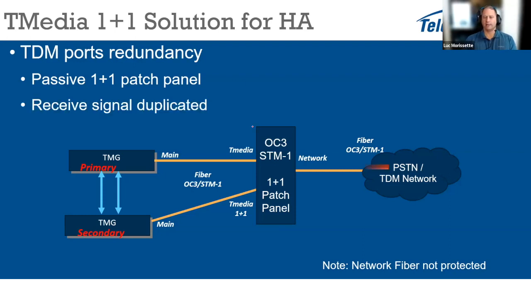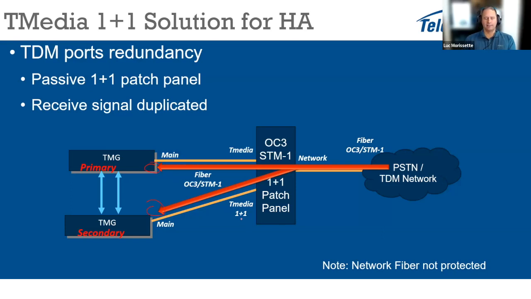The signal that is received from the TDM network is duplicated through this patch panel. The data comes here, it's split and sent to both devices, so both devices are receiving the same information.